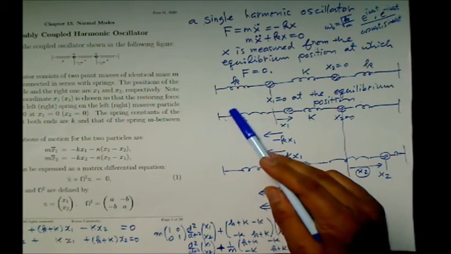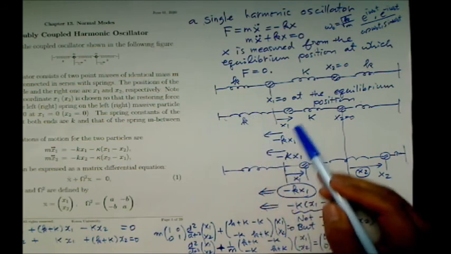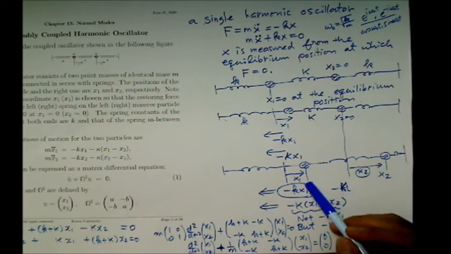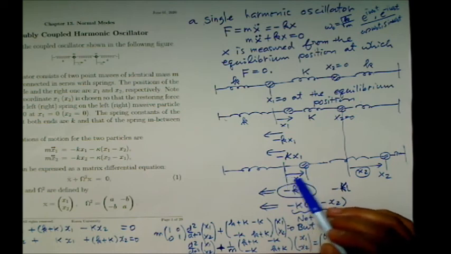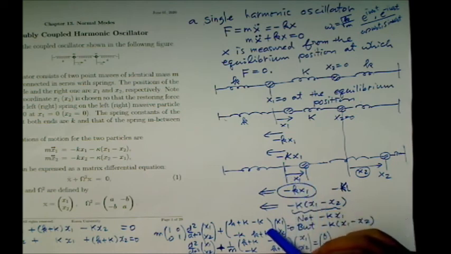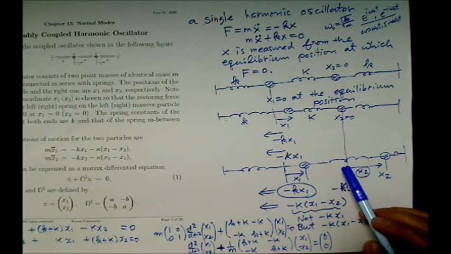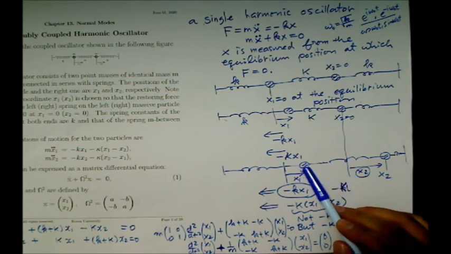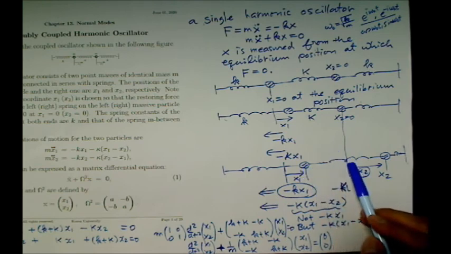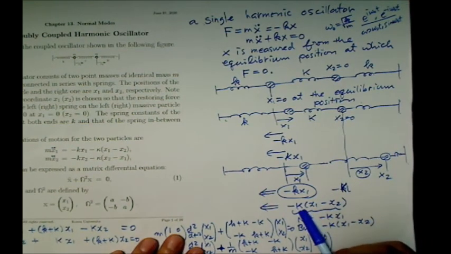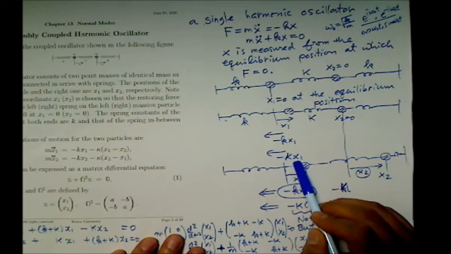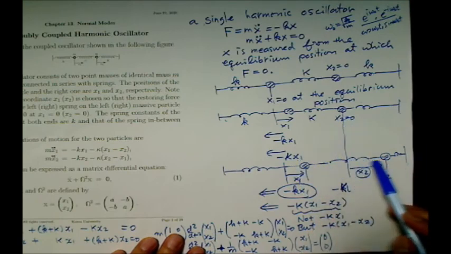The contribution of the left spring on this object is still minus kx1 because the shift from the equilibrium position is just x1. However, the force applied to this object by the spring in the middle is different from the original one because the reference point has been shifted.